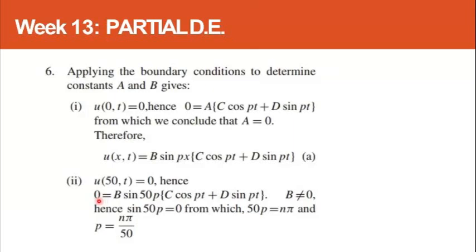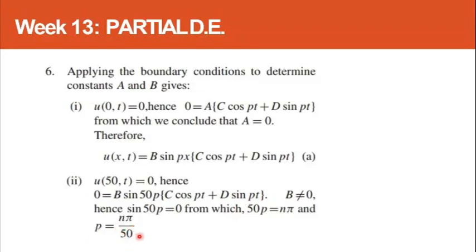So we have here the B, 0 is equal to B sine 50p, which is yung x na natin, is dito, p times the C cosine pt plus D sine pt. Or yung B natin is not equal sa 0. So therefore, we have the sine, B sine 50p is equal to 0 from yung 50p is equal to n pi, and yung p natin is also the n pi over the 50.